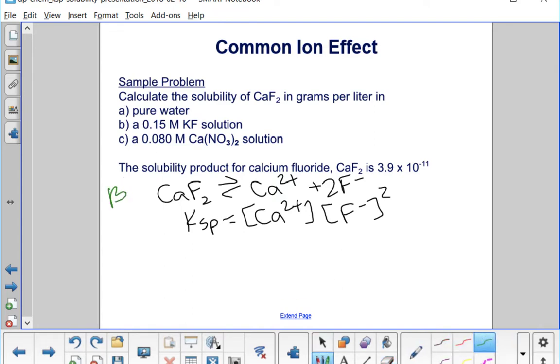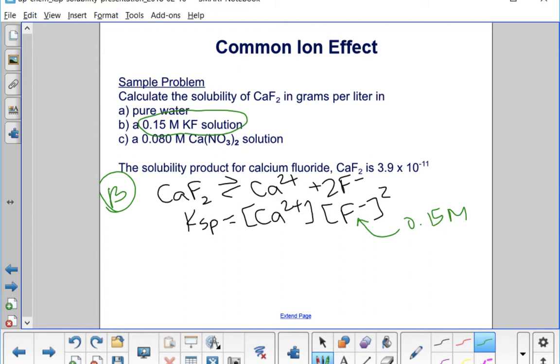But in part B, we're told that we're trying to dissolve calcium fluoride in a solution that already contains fluoride. So the biggest thing here is that we're given our concentration of fluoride, 0.15 molar.